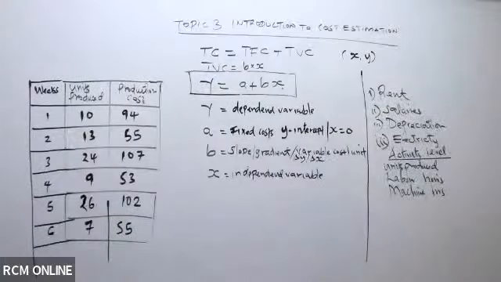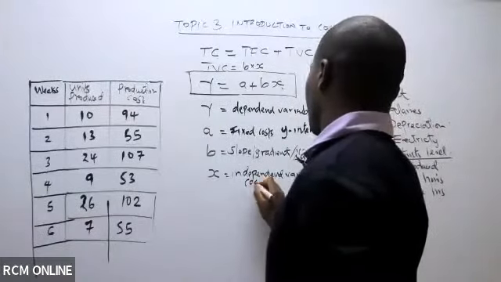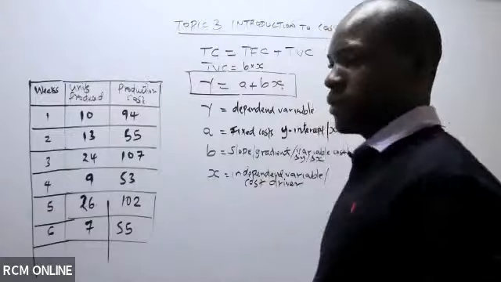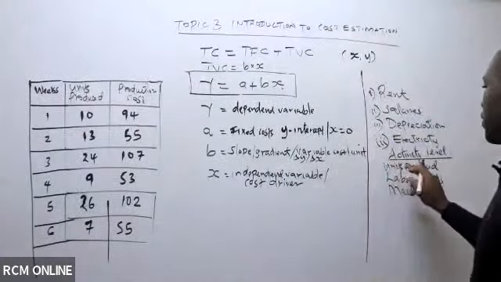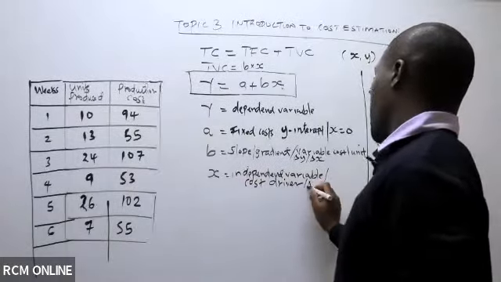And because it is powerful, we are giving it another special name called cost driver. Activity level, independent variable, or cost driver.